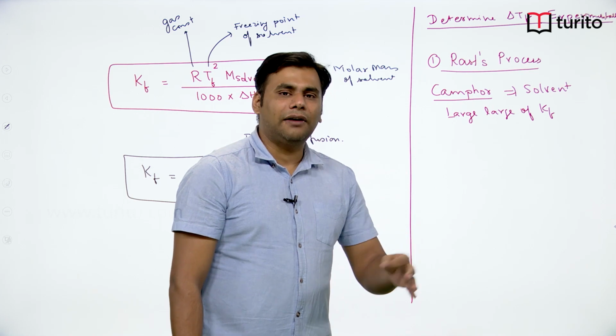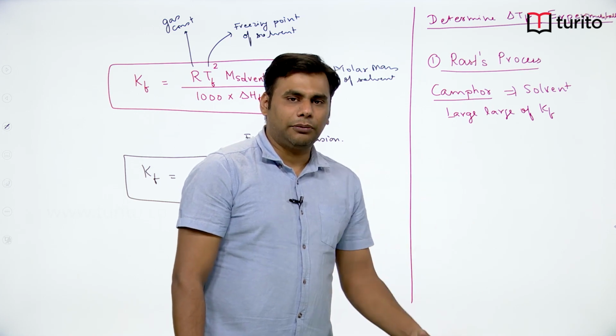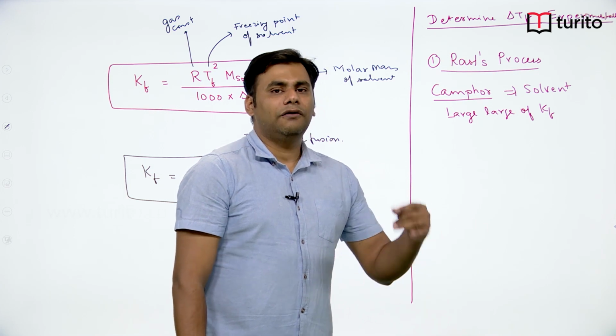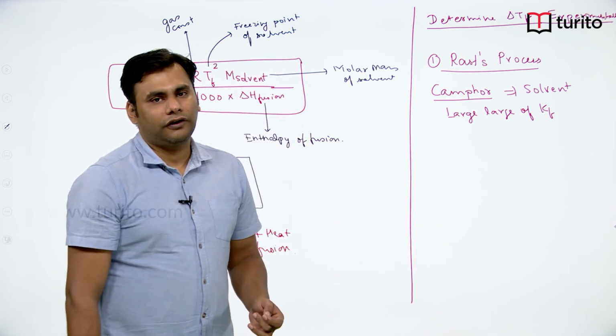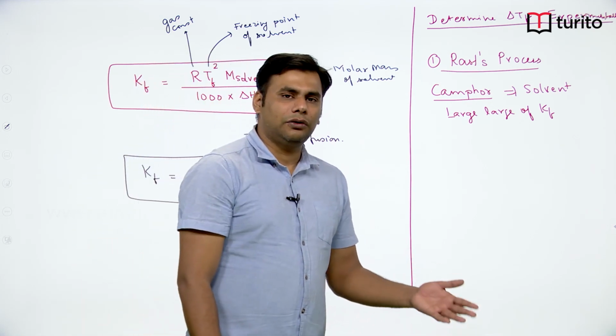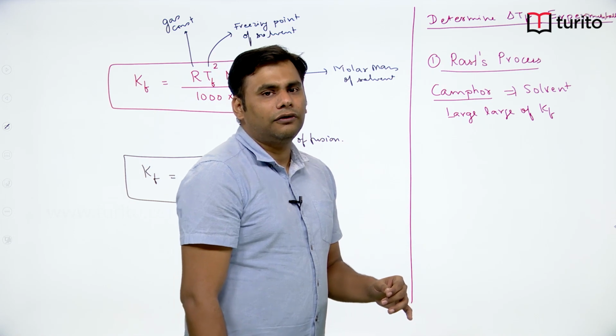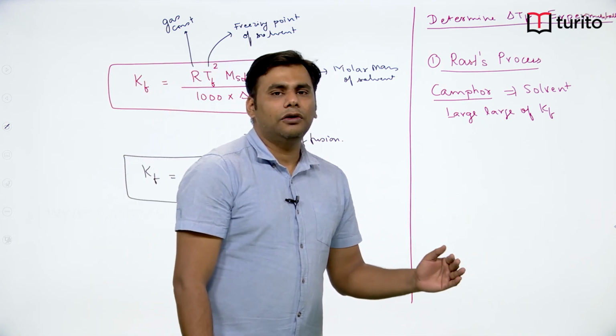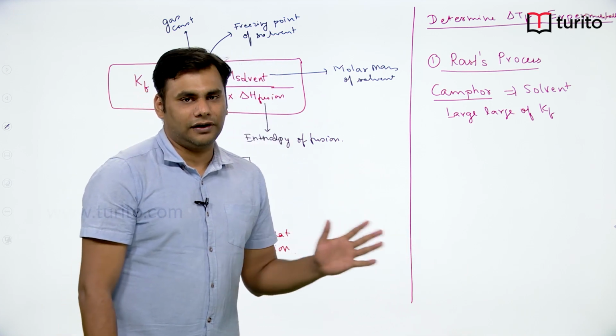We'll dissolve it in the camphor solvent and then lower the temperature. We'll record the temperature at which the solution freezes. We knew the initial freezing point of camphor, so we'll get the depression in freezing point, which is equal to Kf into m. We know the value of Kf, so from that we can get the value of the molar mass of the unknown compound as well.